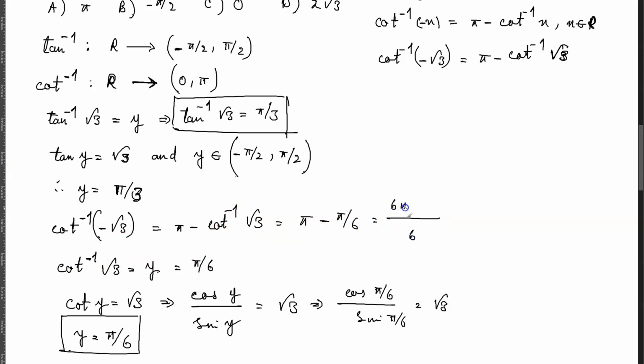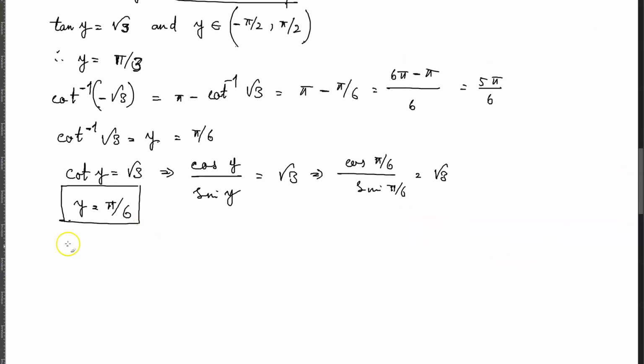That is 6 pi minus pi over 6, which is equal to 5 pi by 6. And therefore the cot inverse of negative square root of 3 is equal to 5 pi by 6.